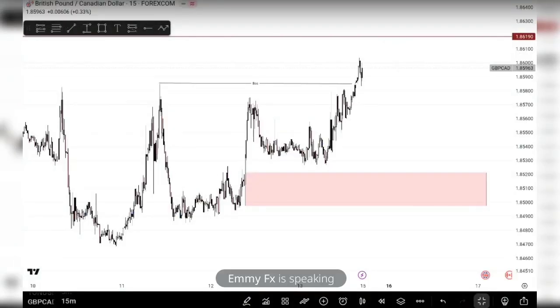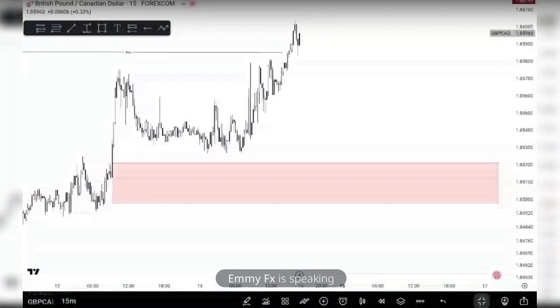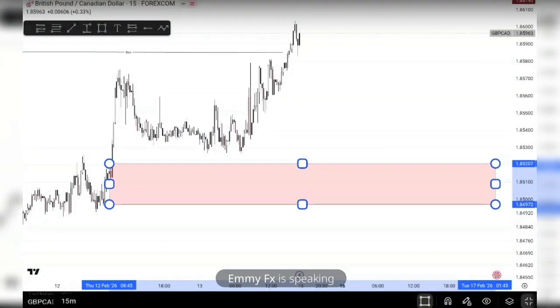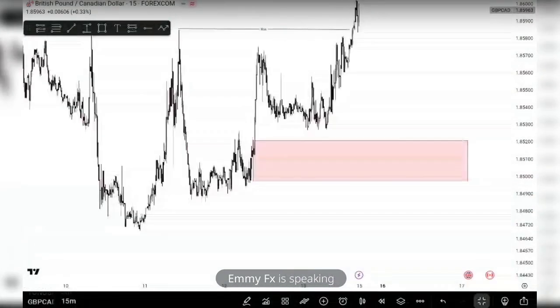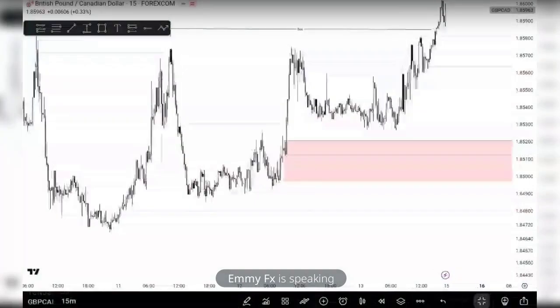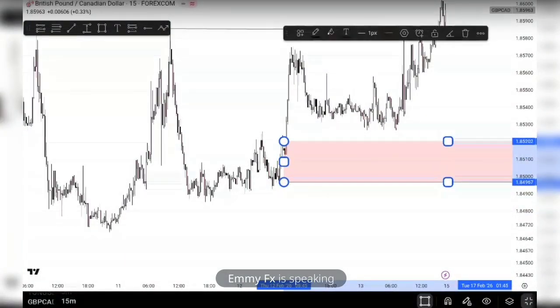I don't really love the market's reactions. Right, so right now, price moved here from this order block. We also have this zone which is here.